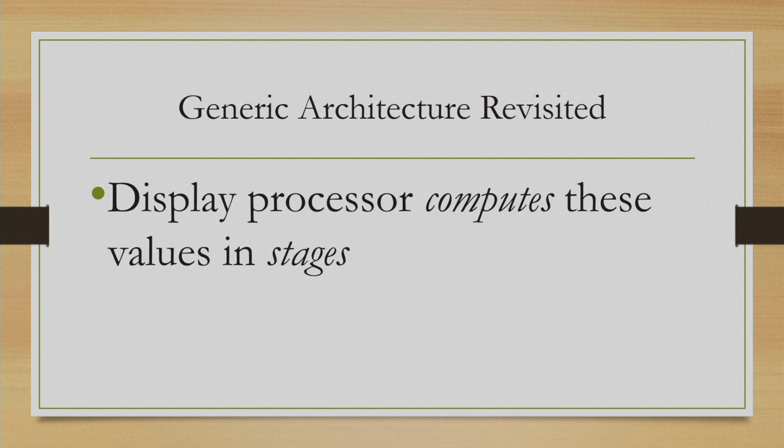These color values are obtained by the display processor through some computations that are done in stages. There are a series of computations, and these computations ultimately result in the generation of the color values.